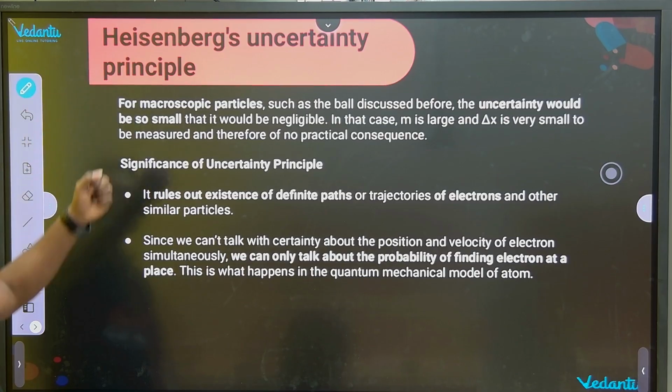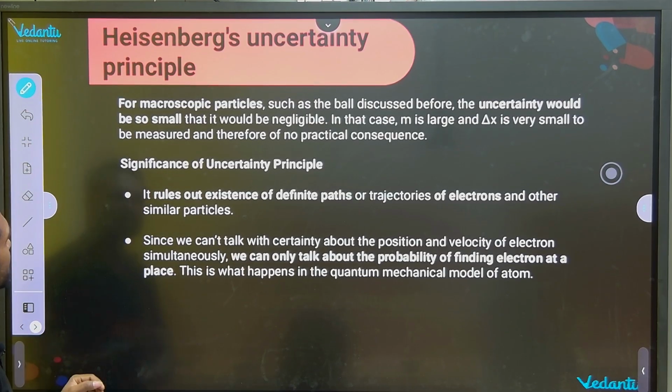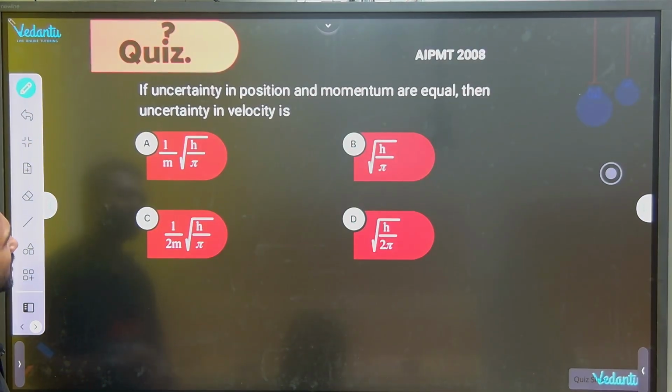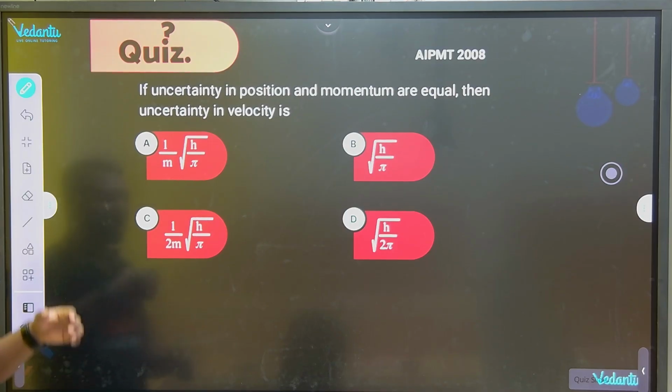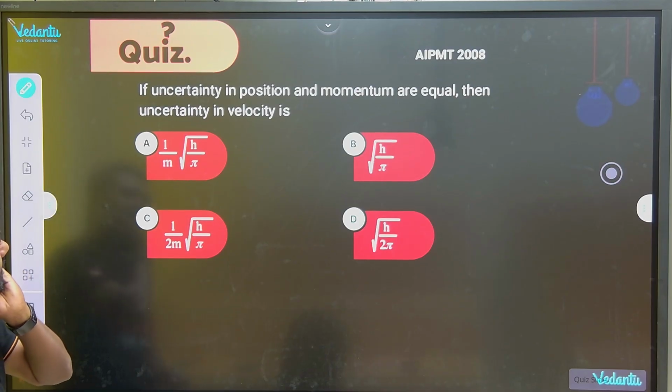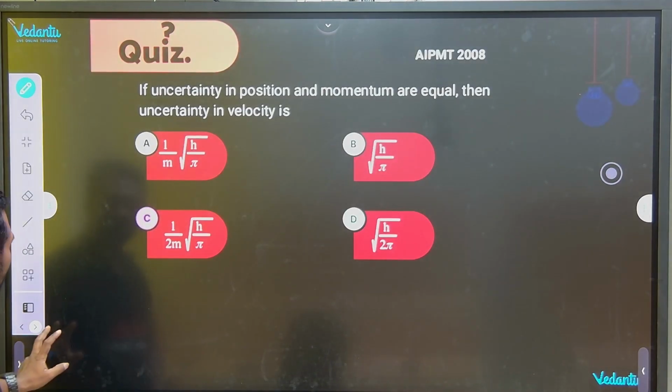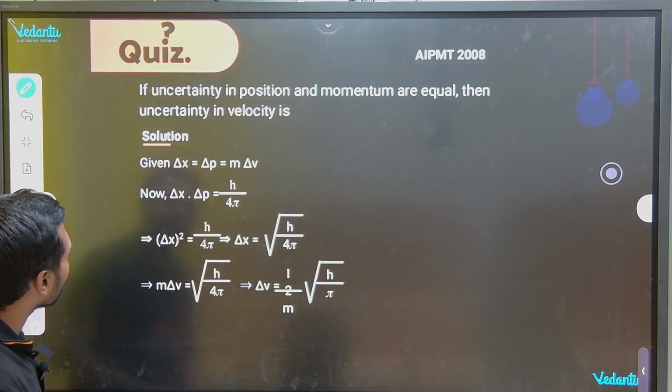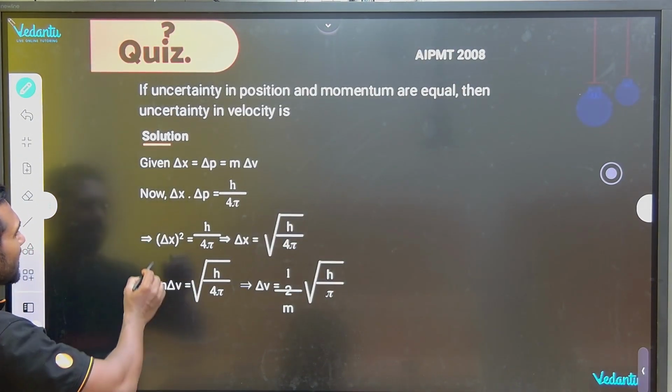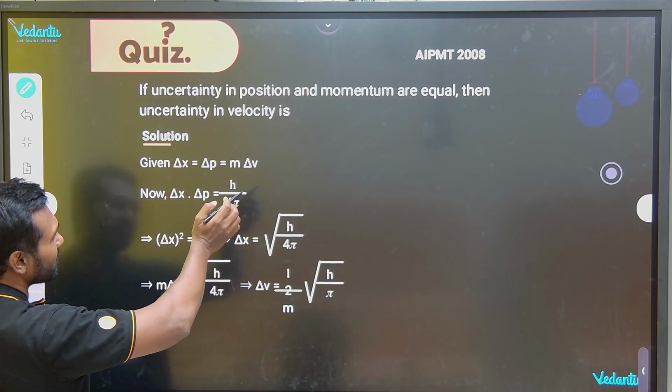Already I said just now, this is important. This is a 2008 question. Uncertainty in position and momentum are both equal. Then what is the formula? Then you have to find the uncertainty in velocity. You can see the uncertain position and momentum are both equal here.